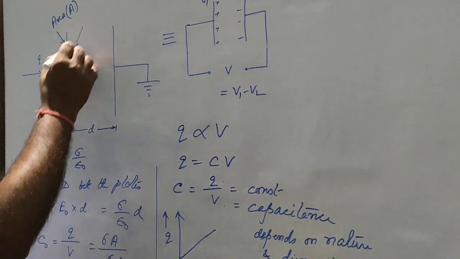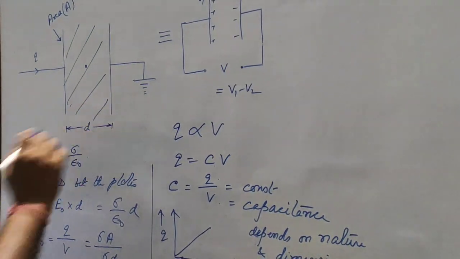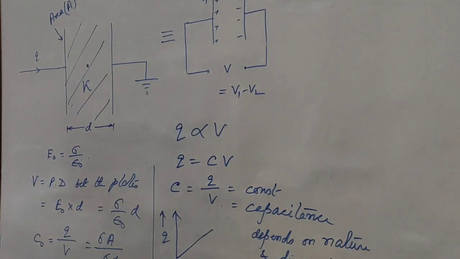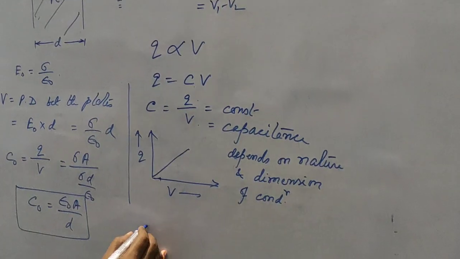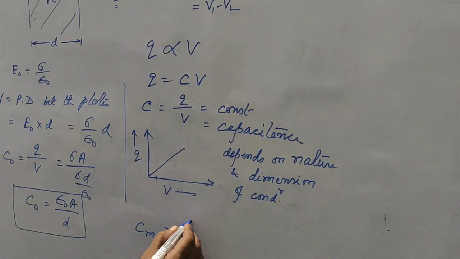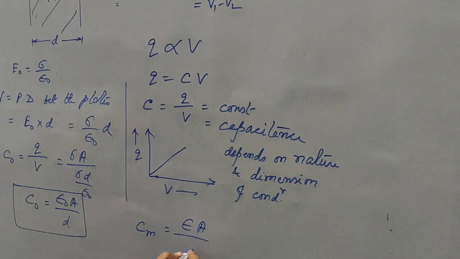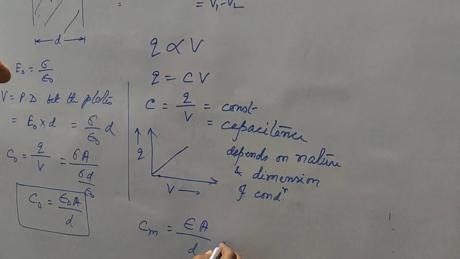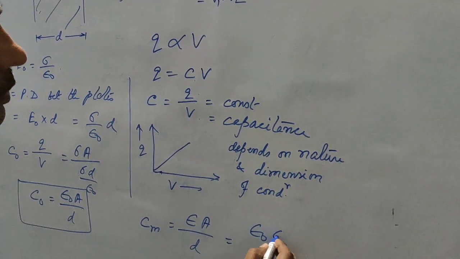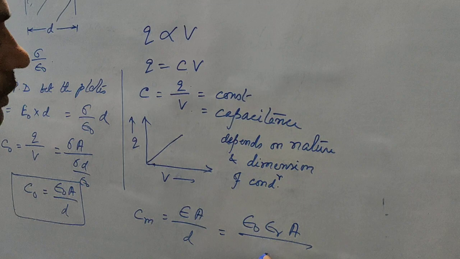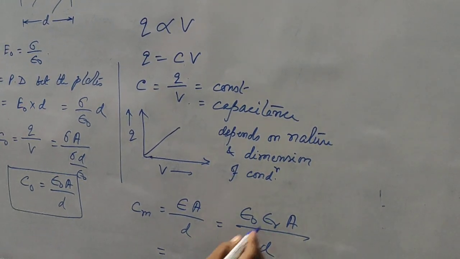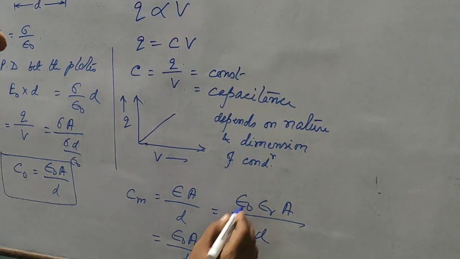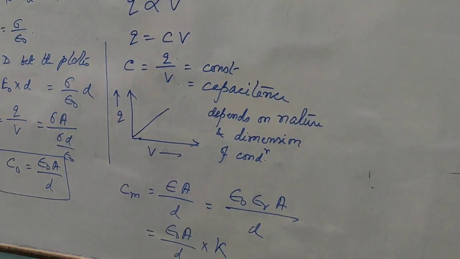If you have some medium between the two plates and the medium has dielectric constant K, then the same formula in medium will turn into epsilon A by D, because you are putting some medium. If you put the formula of epsilon, it comes out to be epsilon naught A by D into epsilon R. That epsilon R is also called the dielectric constant.